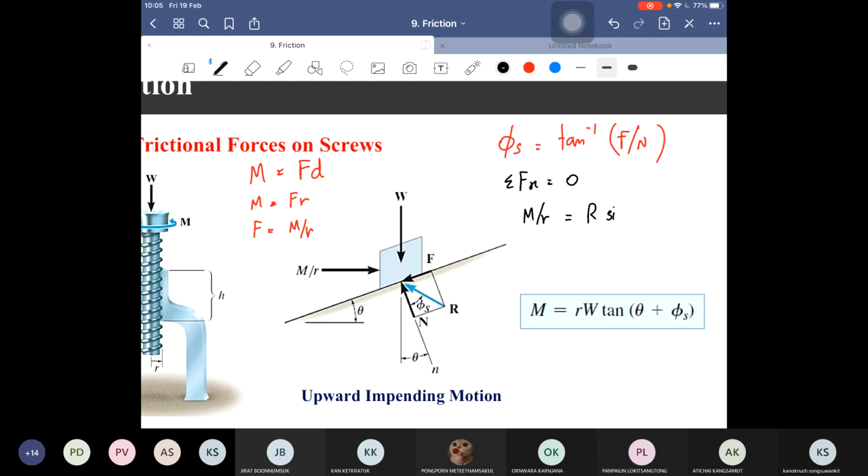So sine of the angle. For the angle, not just phi s, but you have to add theta too, okay? Because here is the angle. You can do the same with Fy. In the y-axis, we have the force W and resolve R into its y component to balance that.